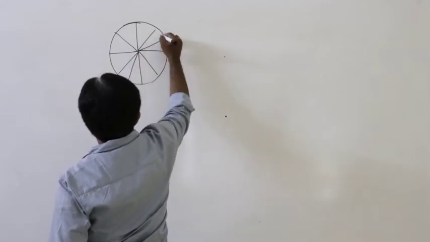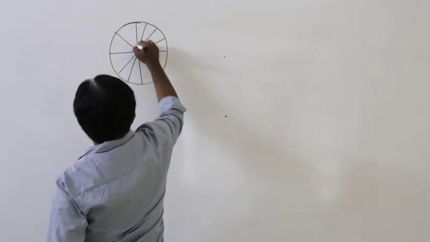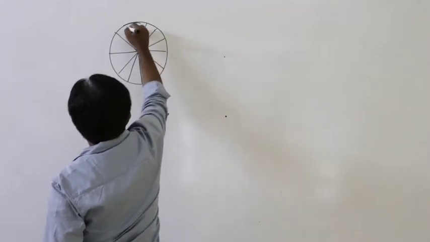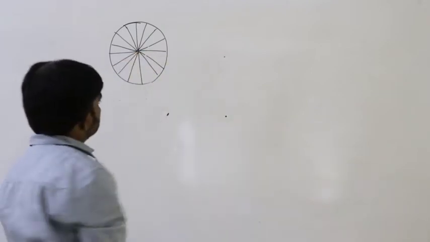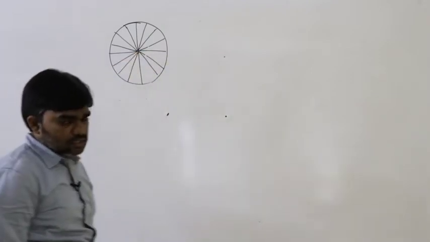Now what happens? What is the EMF induced across the spokes? If the wheel is rotating in a uniform magnetic field with a certain angular velocity omega, or if a disc is rotating in the uniform magnetic field, what happens?